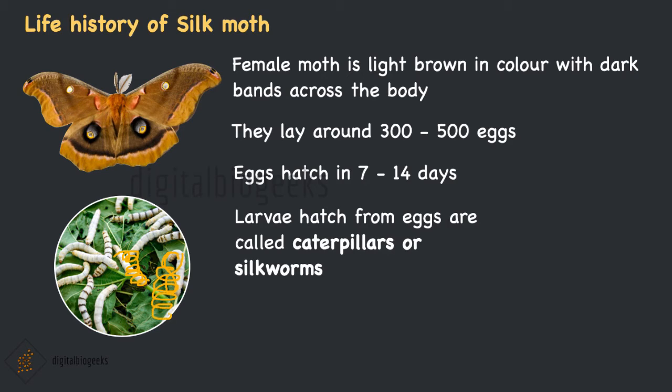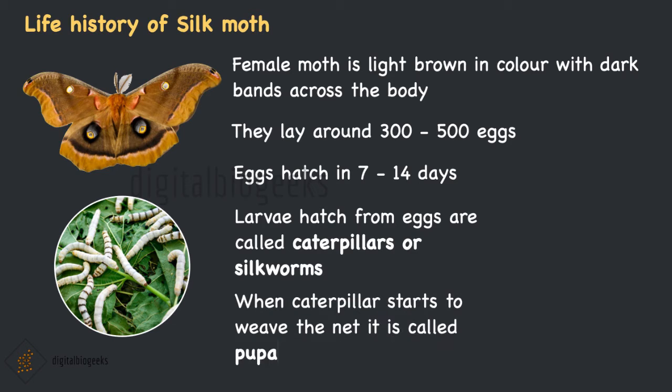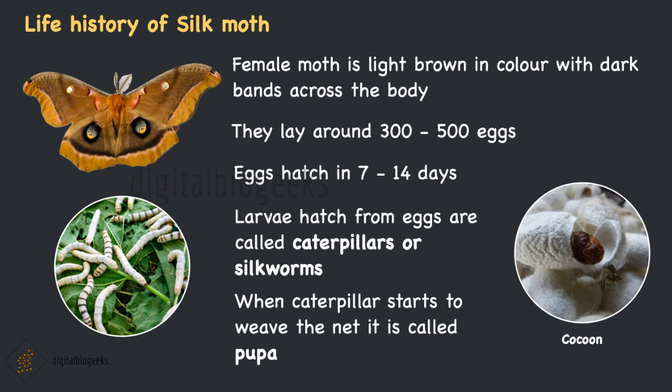This fiber contains a protein which hardens on exposure to air. These are silk fibers. The caterpillar completely covers itself with silk fibers and now it can be called a pupa. The covering of pupa is called a cocoon.